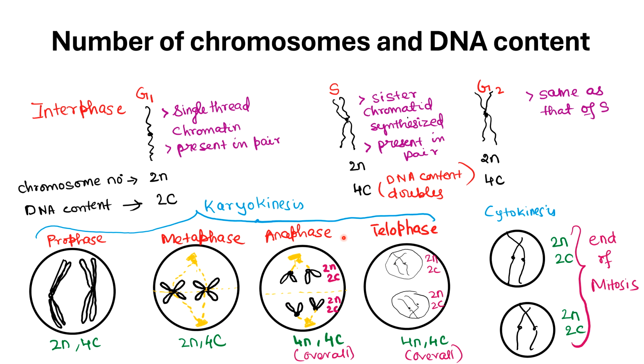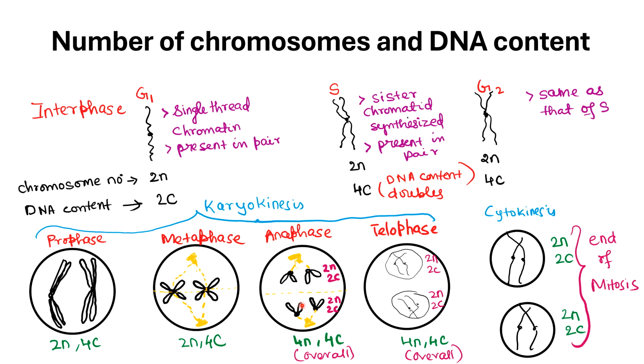Now let's see anaphase. Anaphase is really tricky. There is splitting of the centromere, so half of the sister chromatids go to one pole, while the other half go to the opposite pole. What is happening to the DNA content? It is 2c for one set of chromatids and 2c for the other half, so the total DNA content will be 4c.